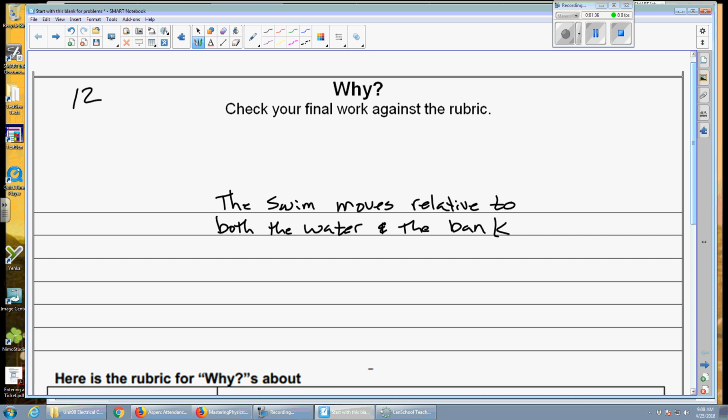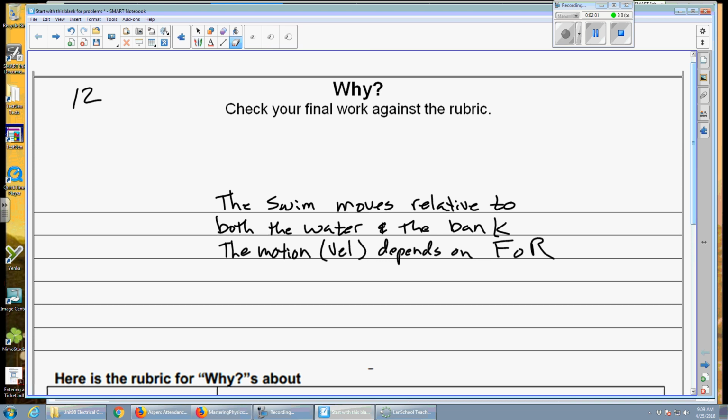So with these, there's some key phrases to understand. I might actually add in here the motion, and by motion I mean velocity, depends on frame of reference.